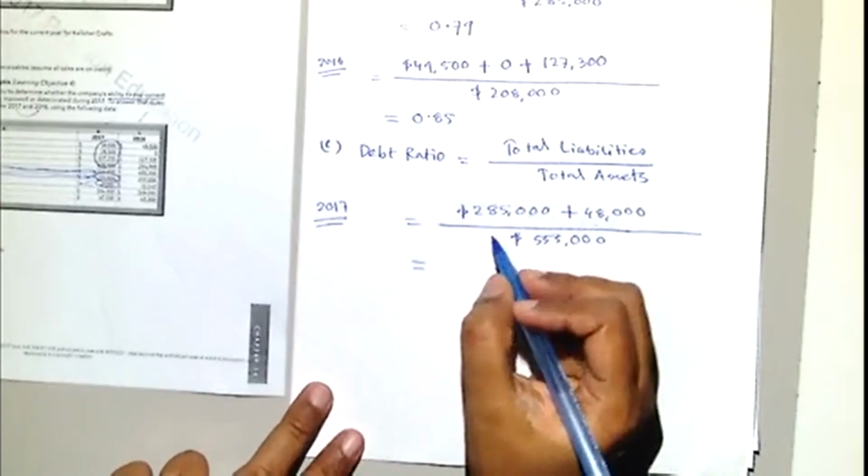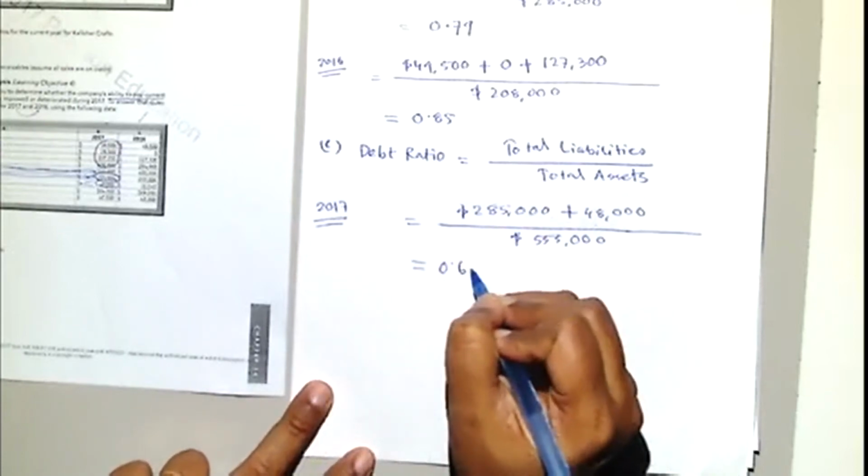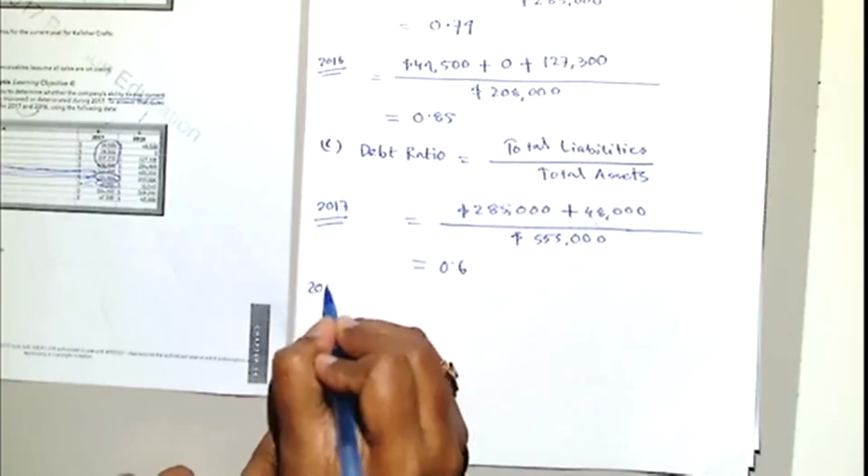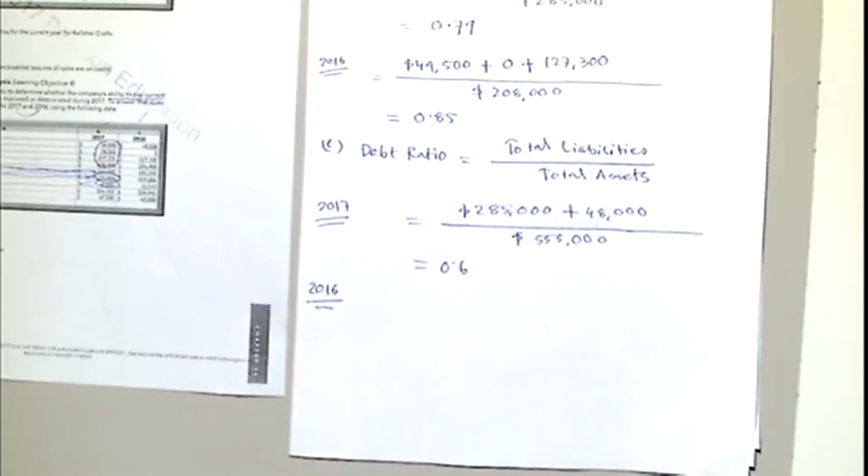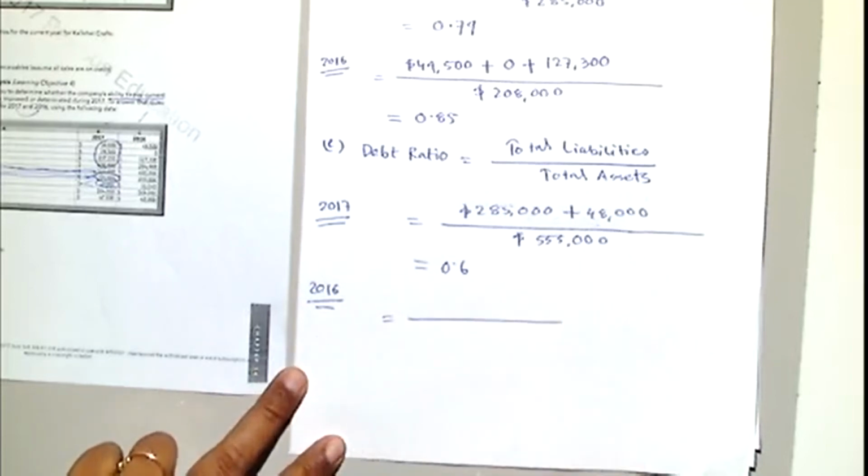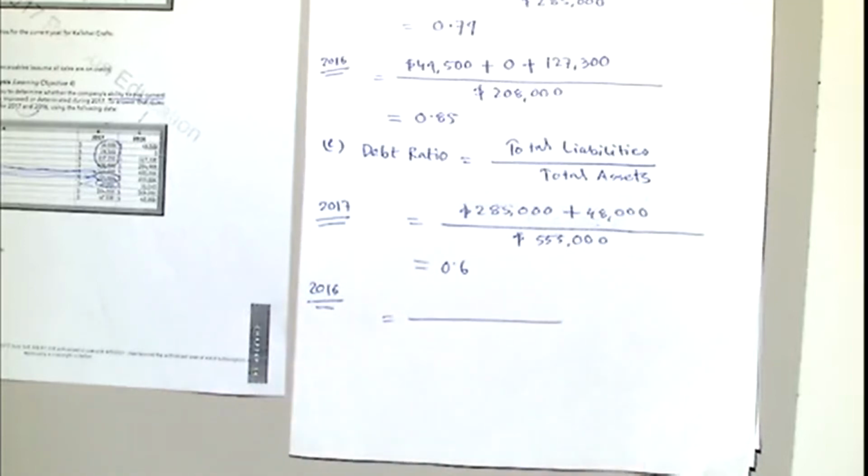Mackenzie, it's 0.6. Great. Now let's try to do it for 2016, and then we can compare whether their performance improved or not. So tell me the numbers. Who can help me?